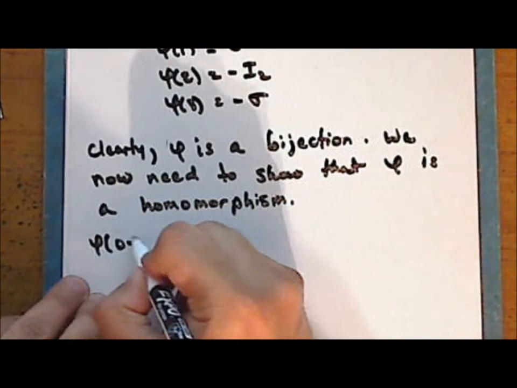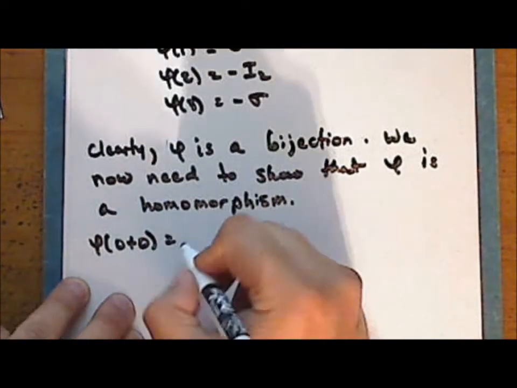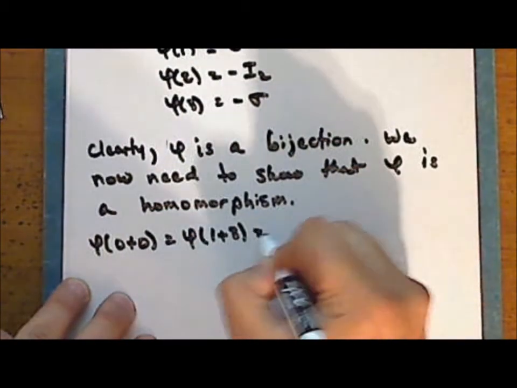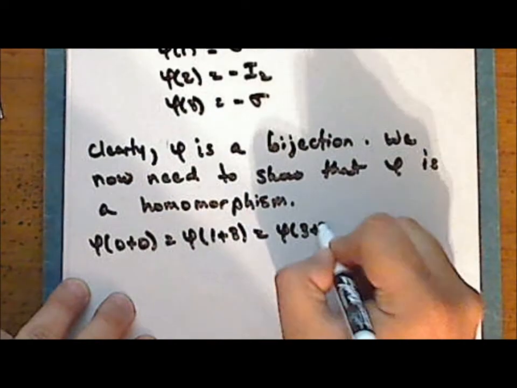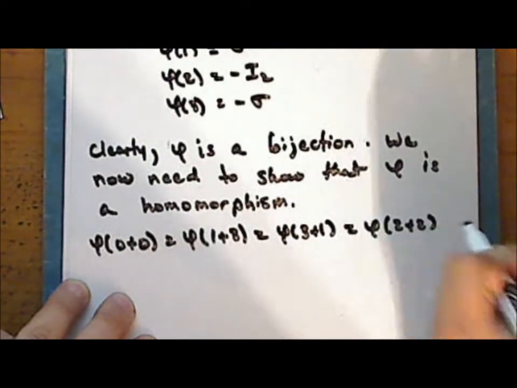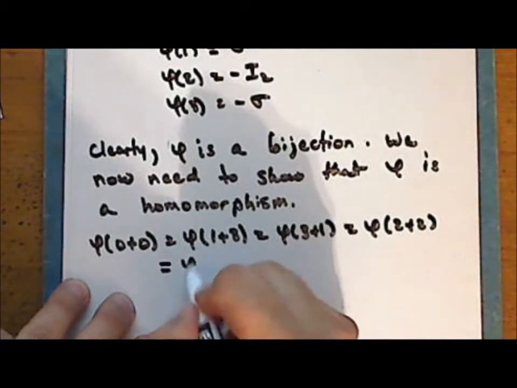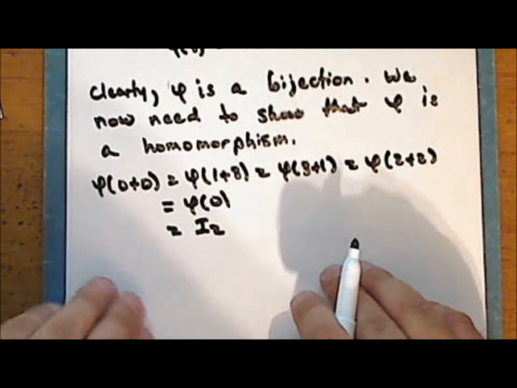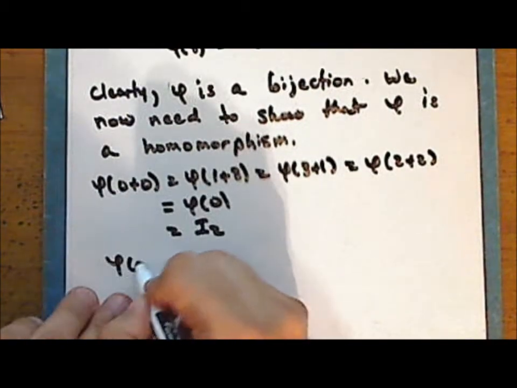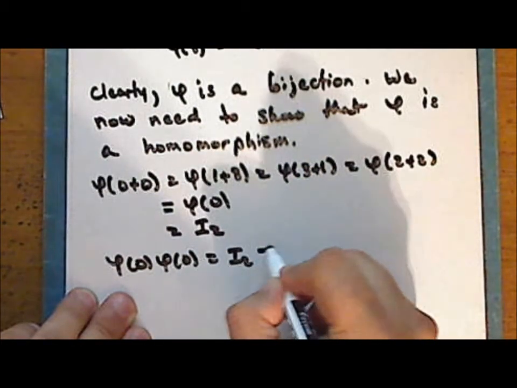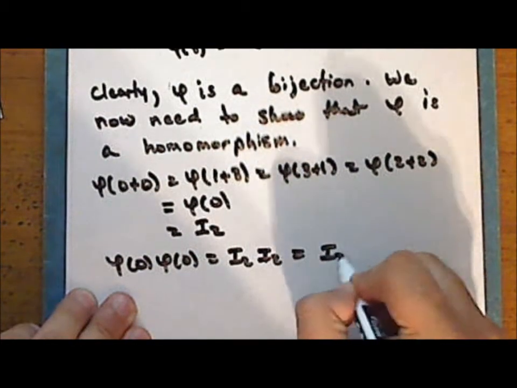Phi of the sum, 0 plus 0, is the same as phi of 1 plus 3, which is the same as phi of 3 plus 1, which is the same as phi of 2 plus 2, all of which is the same as phi of 0, which is the identity matrix. Now phi of 0 times phi of 0 is identity times identity, which is identity.